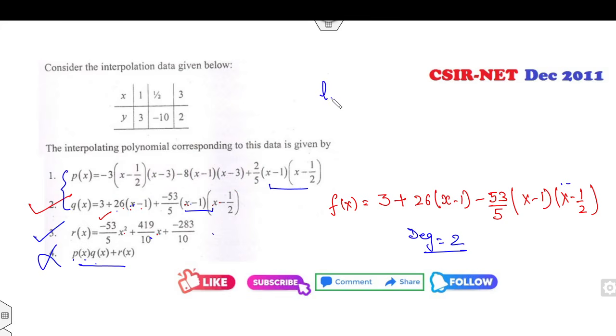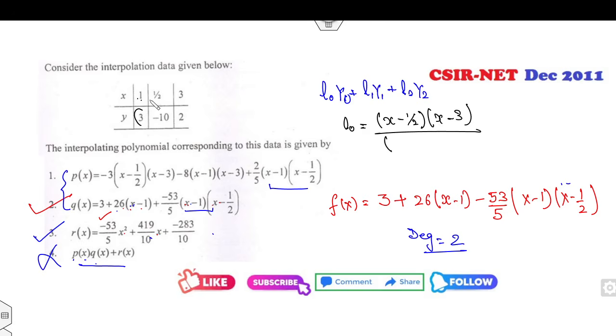So the Lagrange interpolation is L0 y0, L1 y1, L2 y2. Can you find the value of L0? That's simple. That is x minus half, x minus 3 divided by x0, that is 1.